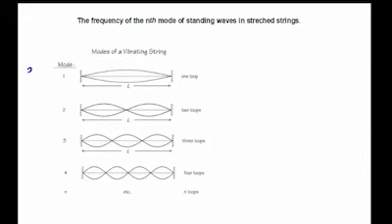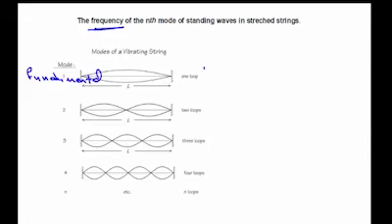The first is also called the fundamental mode. The length of the string is L, which is fixed. To calculate the frequency, we have to get the wavelength in terms of L, the length of the string.